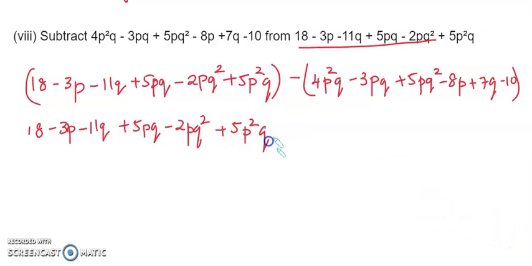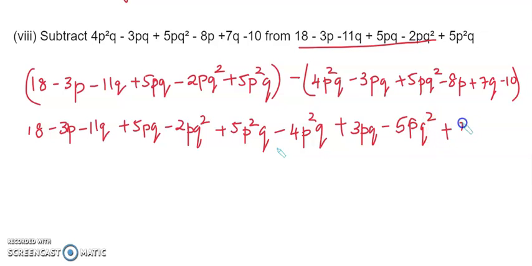The next bracket, the sign changes: minus of 4p square q plus of 3pq, because minus into minus is plus, minus into plus is minus, then again plus. Minus into plus was minus, minus into minus is plus, and minus into minus is plus. This 7q is minus because plus into minus. Okay, now I'm going to group it.